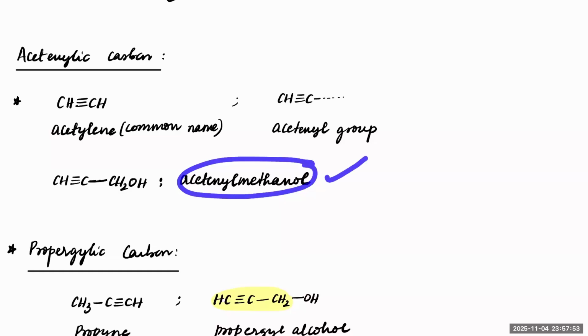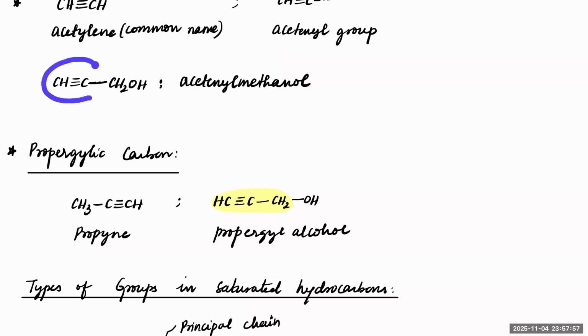Okay, clear? Or we can use another name like this. So if you have CH triple bond C, CH2. Or from this carbon, if it is connected, that is called propargyl alcohol. So this entire part is called propargyl. So this will become propargyl alcohol. Correct?